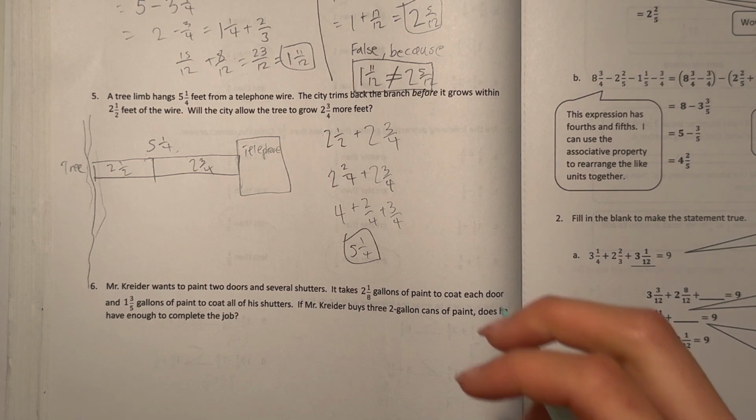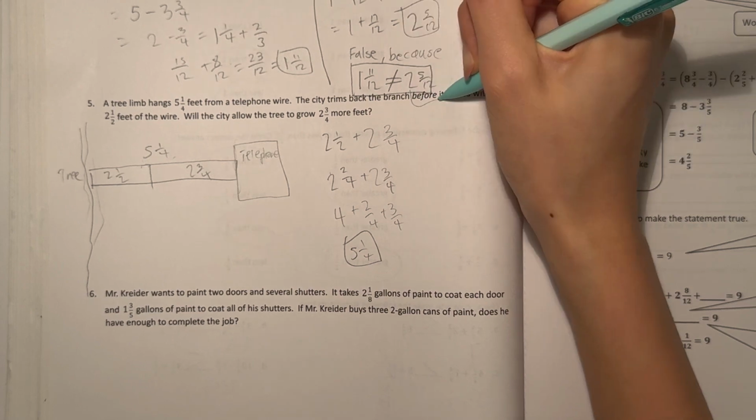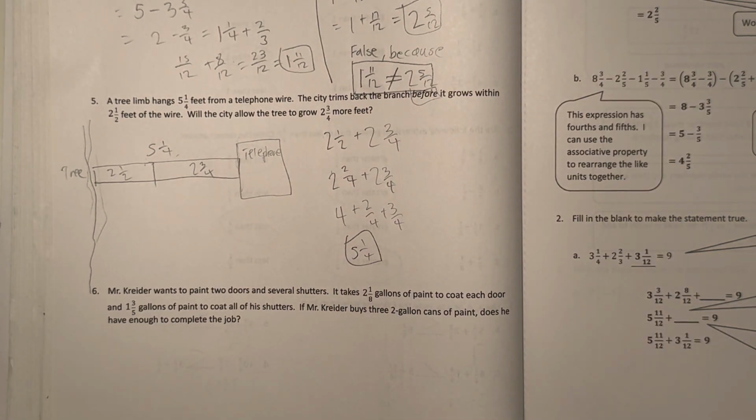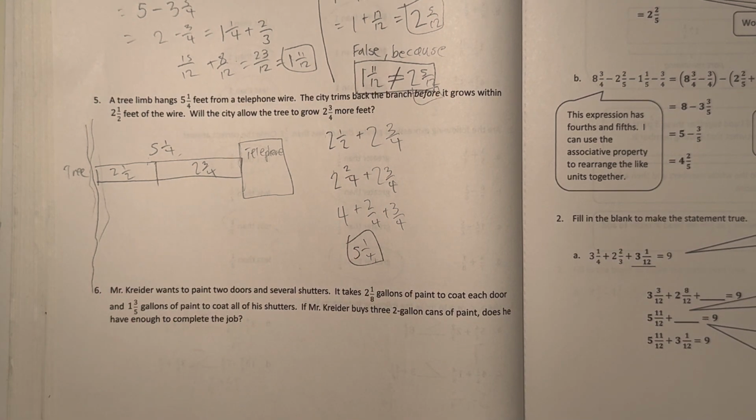However, if you read the problem, notice how it says it will trim back the tree before it grows within 2 1/2 feet of the wire. So our answer is no, because since 5 1/4 and 5 1/4 are equal, that means the tree has already grown within 2 1/2 feet of the wire, and the city will not allow it to grow anymore, so it will be cut down.